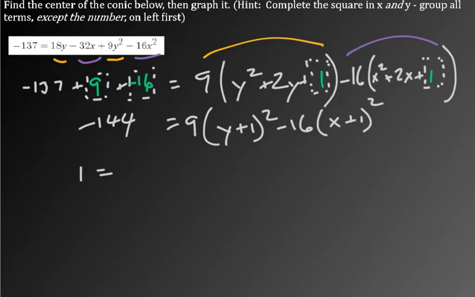The quick way to simplify this is to take 144 divided by 9 and see what that is. Negative 144 divided by 9 is negative 16. And that's the number that goes in there, right? And then you can just copy the top here.